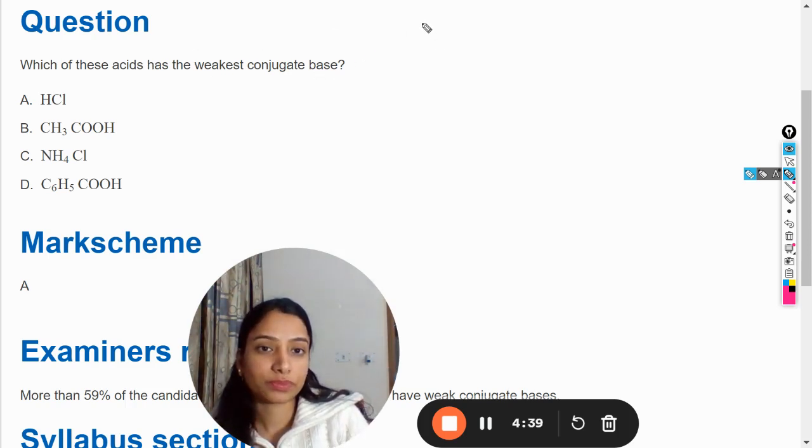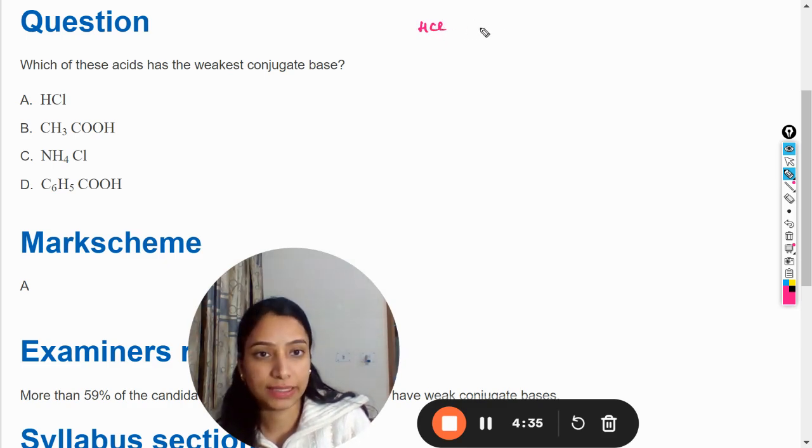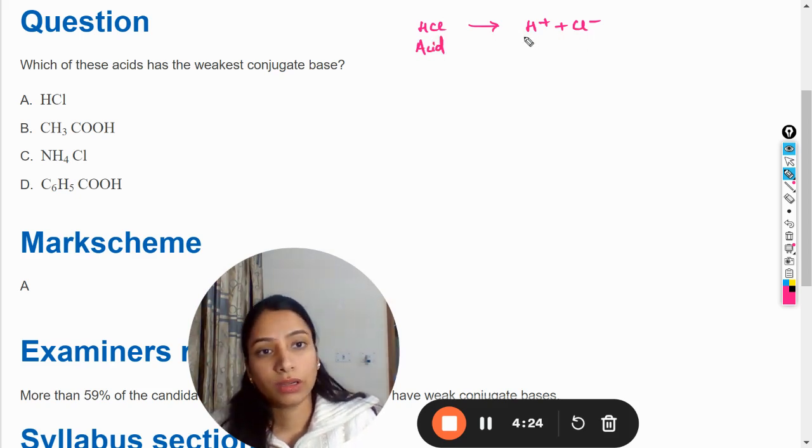Let's say this HCl is the acid, and this will dissociate into its ions, and after donating a proton, it will become Cl negative.